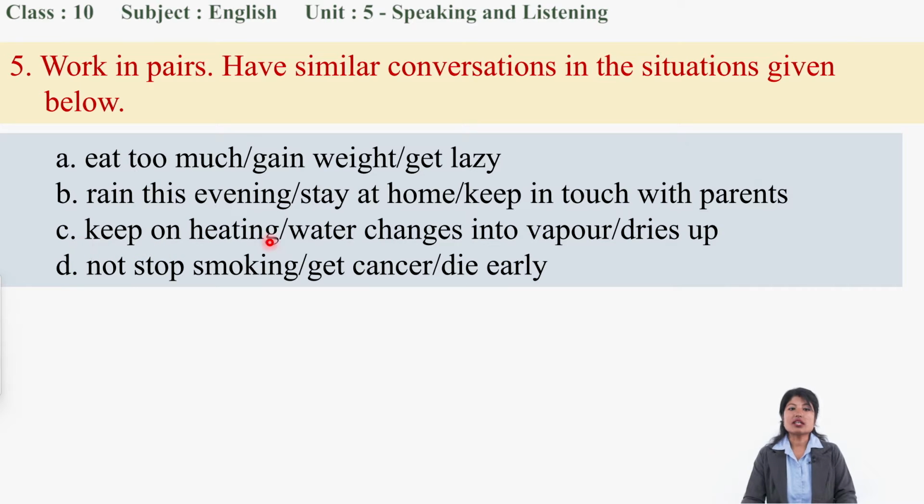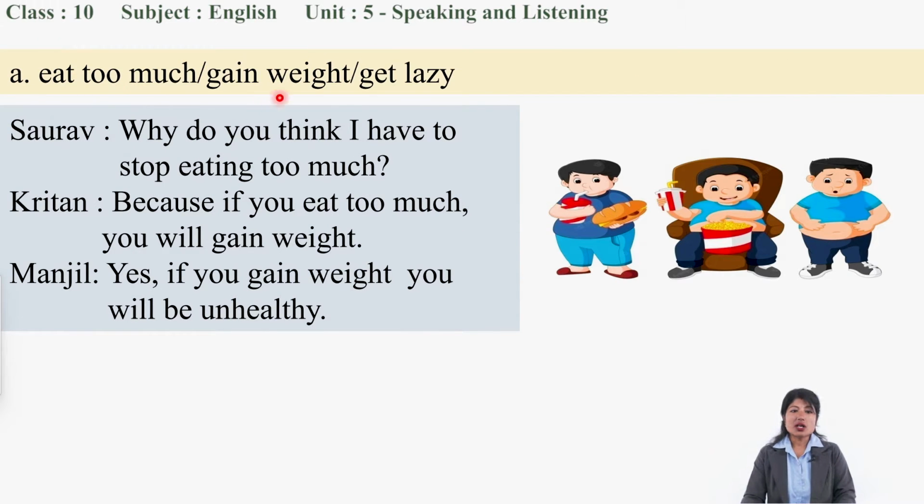C: keep on heating, water changes into vapor, dries up. D: not stop smoking, get cancer, die early. So these all are situations, clues. On the basis of these clues, let's convert them into dialogues. Eat too much, gain weight, get lazy.